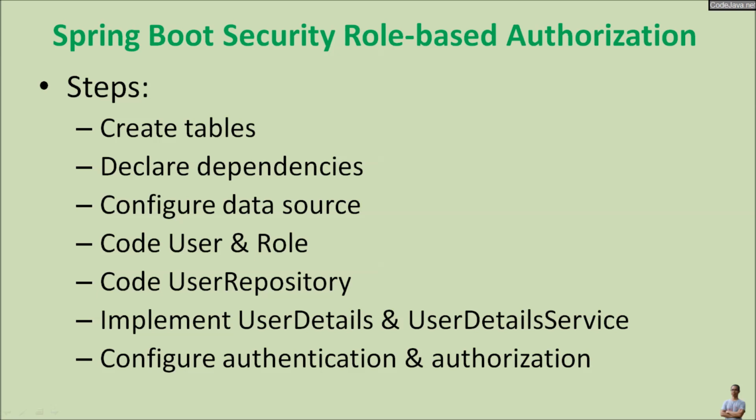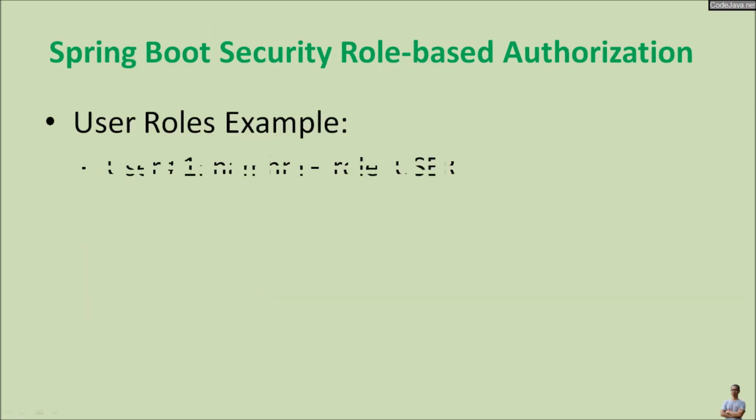The first step is to create tables in MySQL database to store the credentials and authorization information like the role names and the permission assignment. For example, we will create 3 different users. The first user, Ham, has a role user.